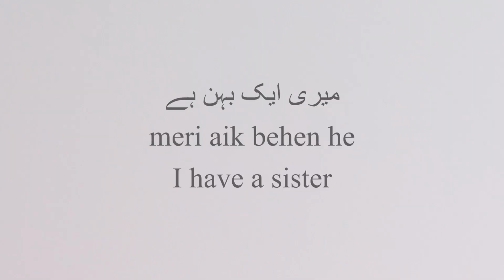Meri is I have. Meri ek behen hai. I have one sister. It does not depend on my gender at all. It depends on the gender of the possession, the thing that we have. Behen is feminine, so meri ek behen hai.